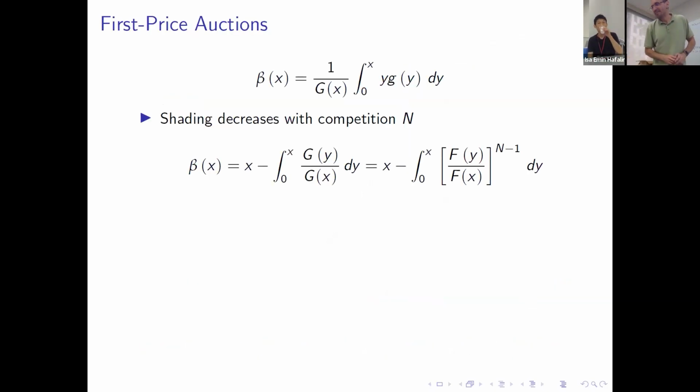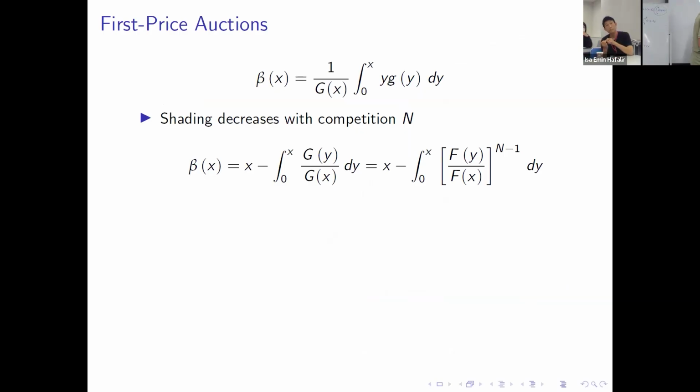Okay, so let's play a little bit with this formula to get some things. Remember, this was the first price auction equilibrium strategy, and we can rewrite this one as so.